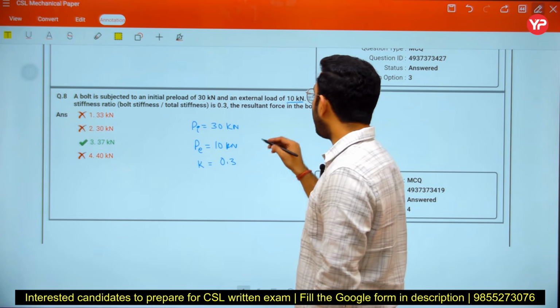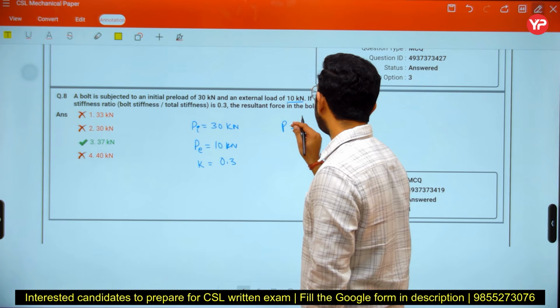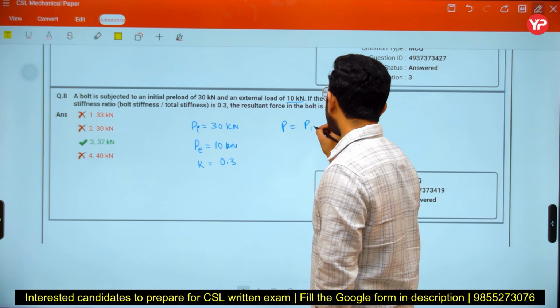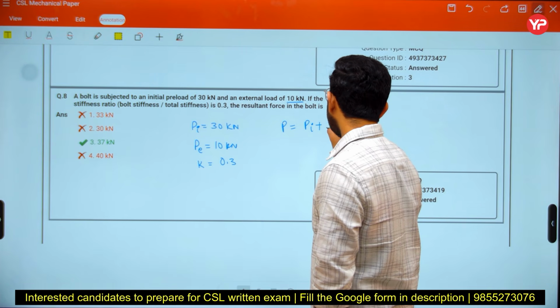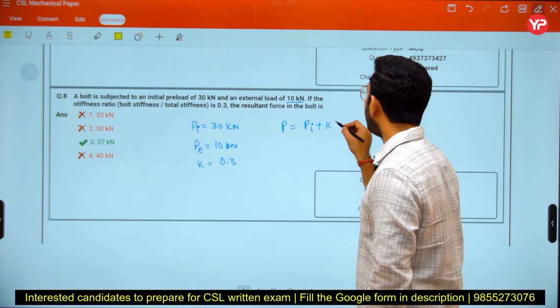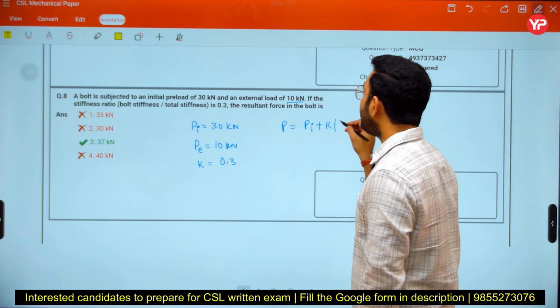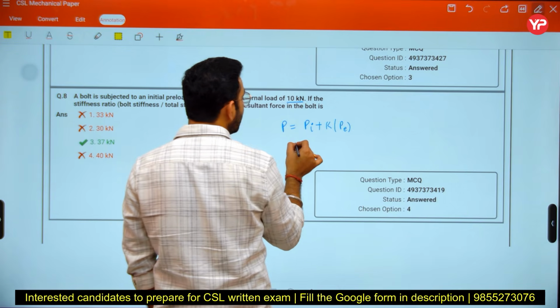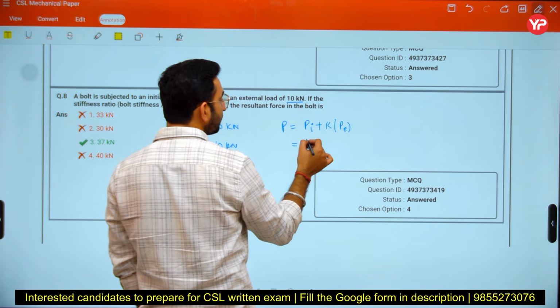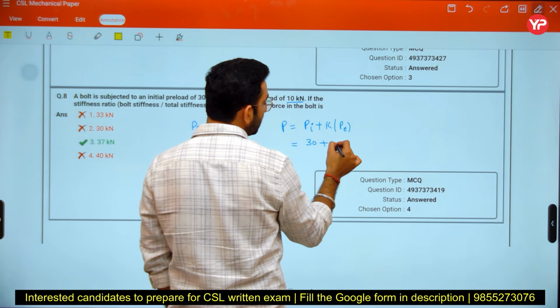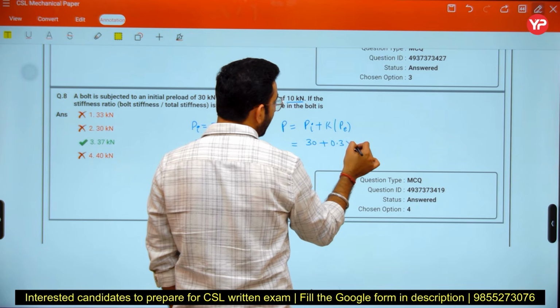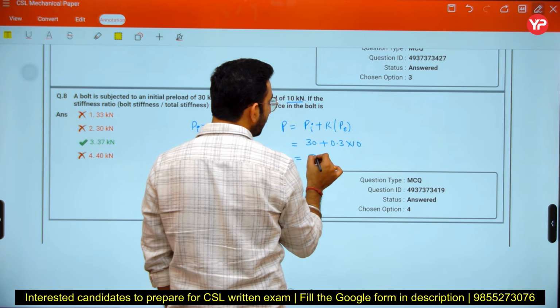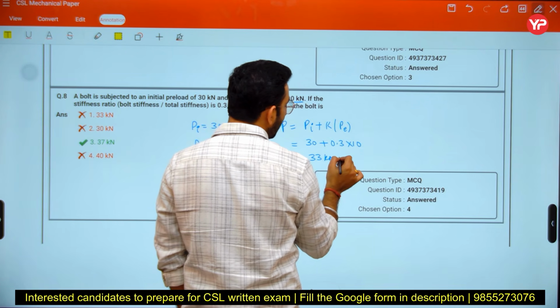So it is having a formula of P equal to Pi, the initial preload, plus the stiffness ratio multiplied by the external load. So if we just put all the values into this expression, I can write 30 plus 0.3 multiplied by 10. So the final answer will come out to be 33 kilonewton.